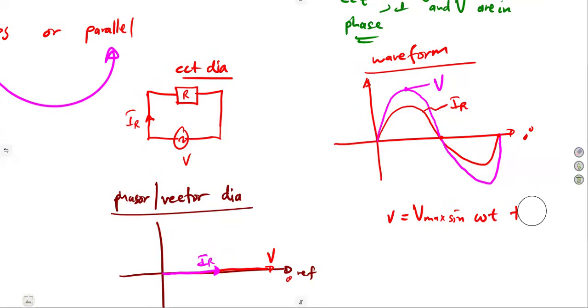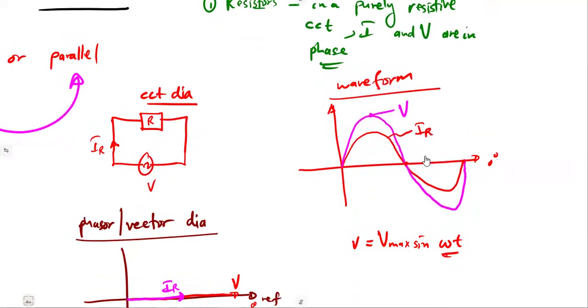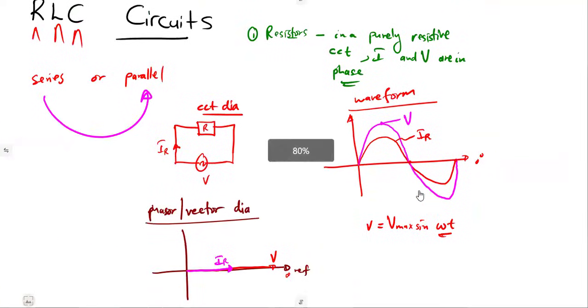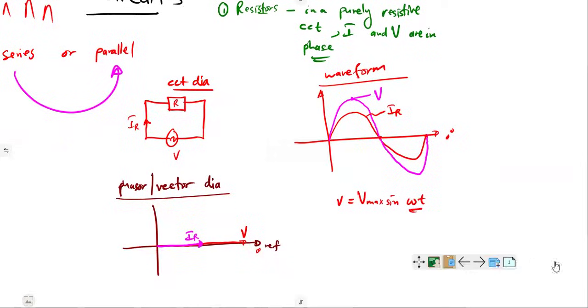If there's a plus 0, it means there's nothing being added, so you can just leave it like this. Same with the current. So this is purely resistive. You need to understand your information, guys, what you're dealing with.